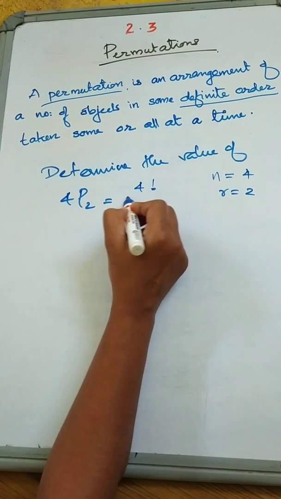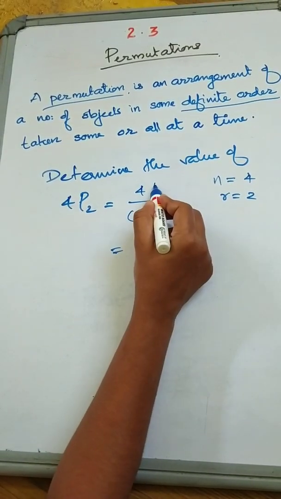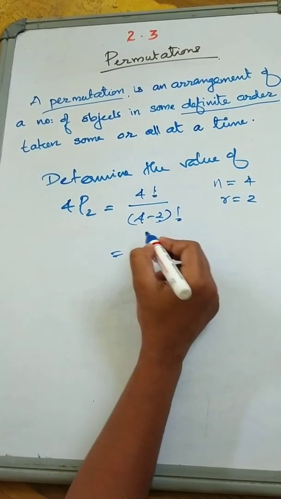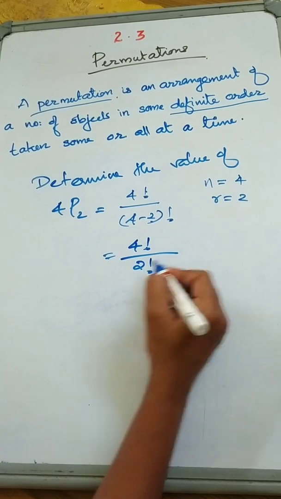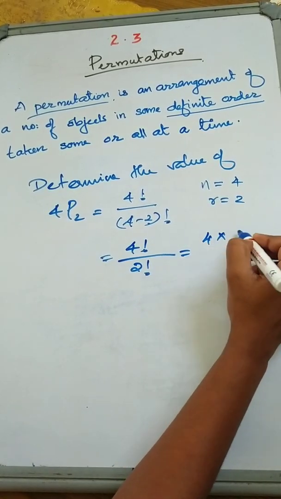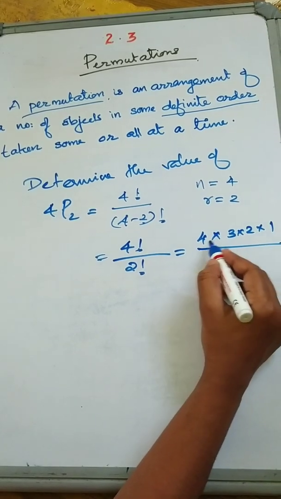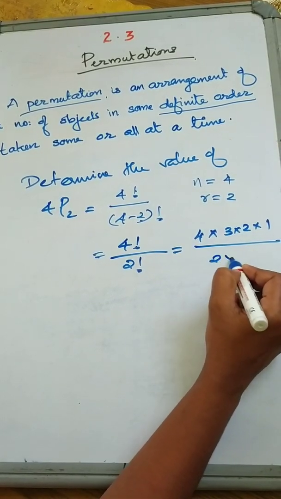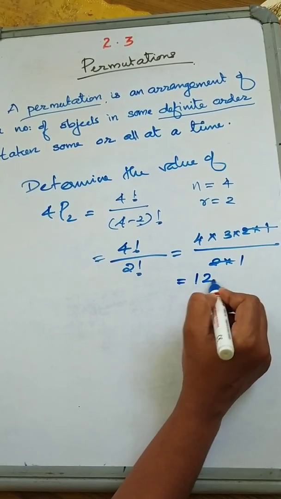So 4 factorial divided by 4 minus 2 factorial, that is 4 factorial divided by 2 factorial. 4 factorial is 4 into 3 into 2 into 1, and 2 factorial is 2 into 1. So this will get cancelled, and 4 into 3 is 12.